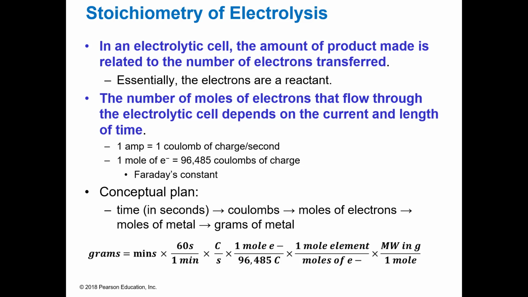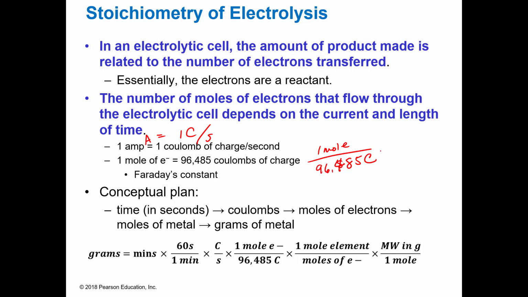Remember this: 1 amp is equal to 1 coulomb per second. 1 mole of electrons is 96,485 coulombs, and that's Faraday's constant.